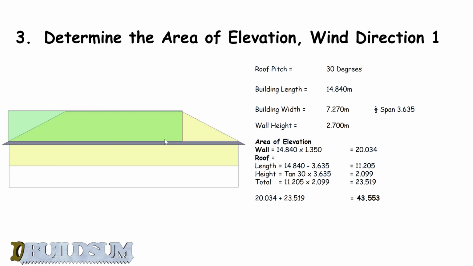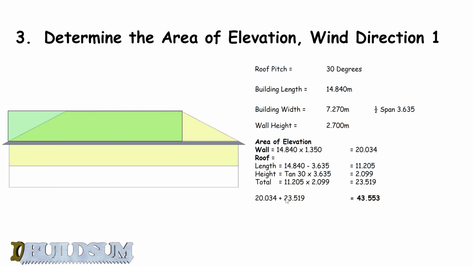The height of the roof, because our pitch is 30 degrees, is tangent 30 times the half span. That gives us the rise of the roof, 2.099. And if we times those two together, 11.205 by 2.099, it gives us an area of 23.519 for the roof.